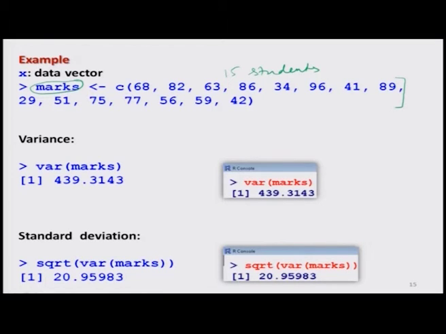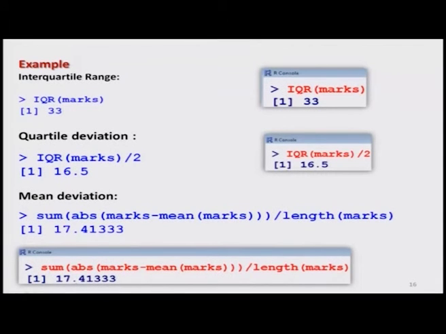In case I want to find the variance of marks, I simply have to write var, inside the argument write marks, and as soon as you enter you get this value. Similarly, if you want to find the standard deviation, you simply have to take the square root of this value, and as soon as you operate this function you get the value 20.95. Here is the screenshot of the operation.